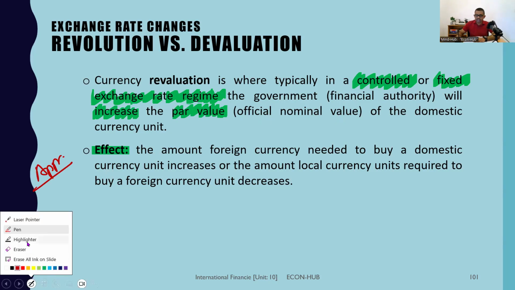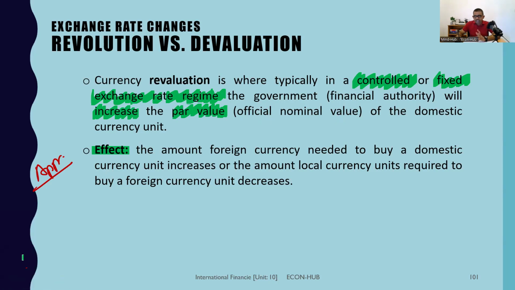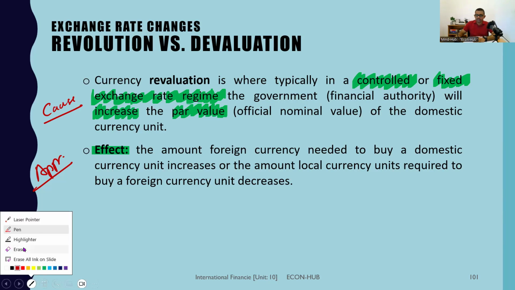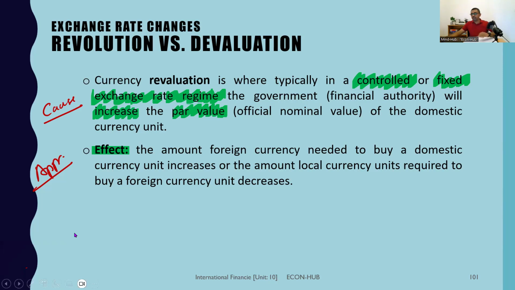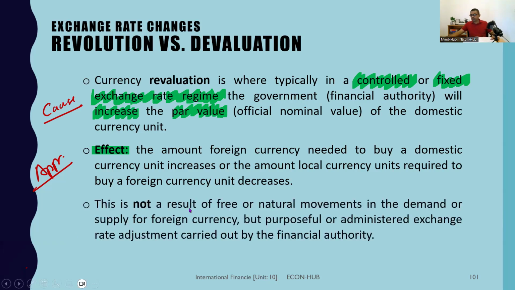The change is basically the way it's done, or the cost. Get it? The effect is the same. The change is the cost. It's done by the financial authority. The central bank will do it. So this is not a result of a free or natural movement in the demand and supply of currency, but purposefully administered. This was the word I used earlier.